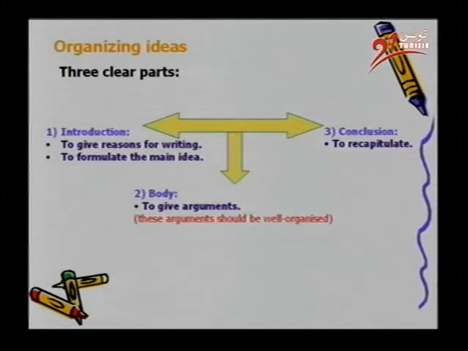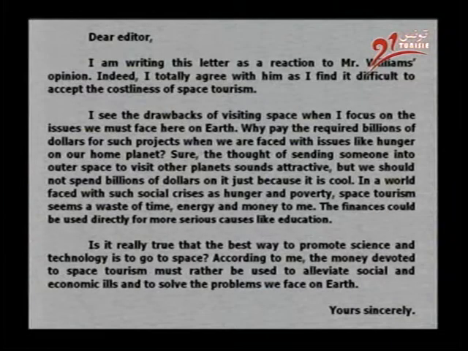Now that the three parts are clear, we can move to the writing. Here, I'm just going to provide you with an example. Let's have an overlook at it. First, we see that we have Dear Editor, Yours sincerely, so it's clear that this is a letter. Now we said that it must be a formal letter, so let's see. We have "I am writing", so it's not a short form.